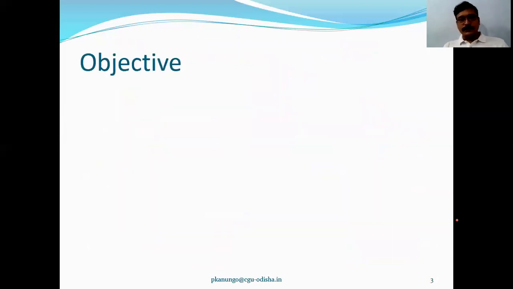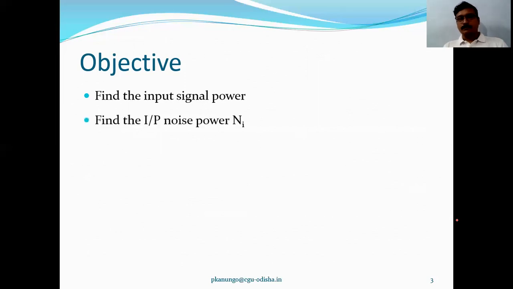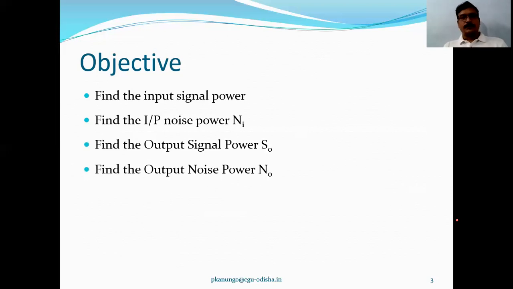Now, what is the objective of noise analysis in FM? The first objective is to find the input signal power, then find the input noise power, then find the output signal power, and at the same time the output noise power. Why do we need the signal power and noise power, at the input as well as at the output?